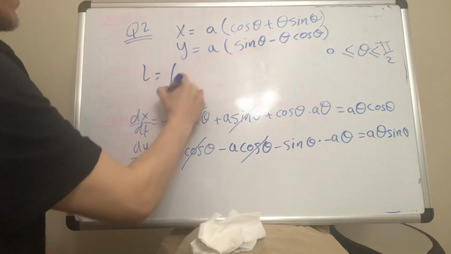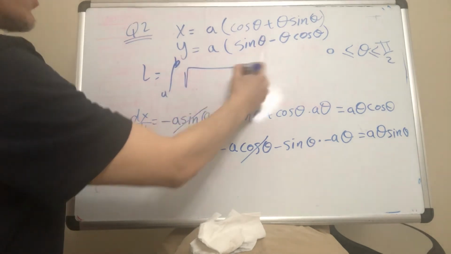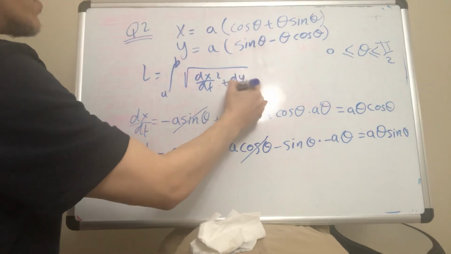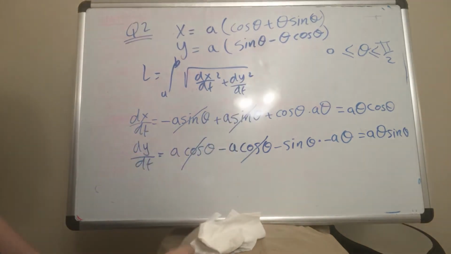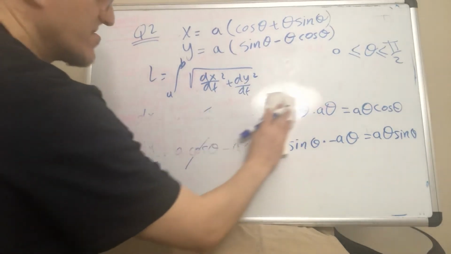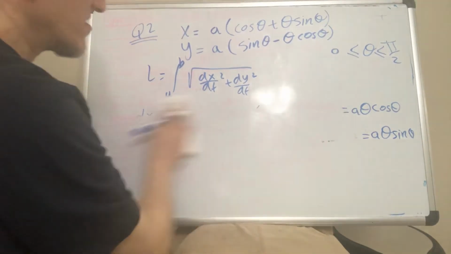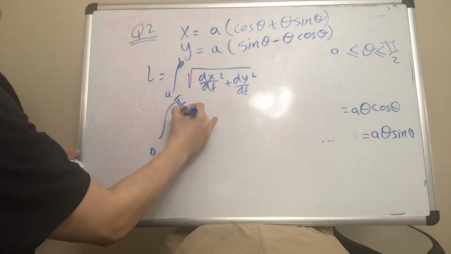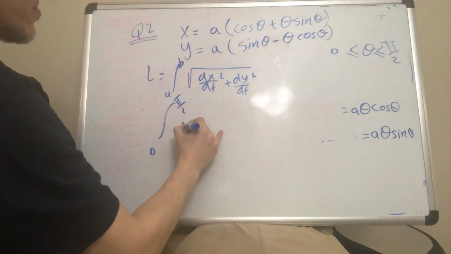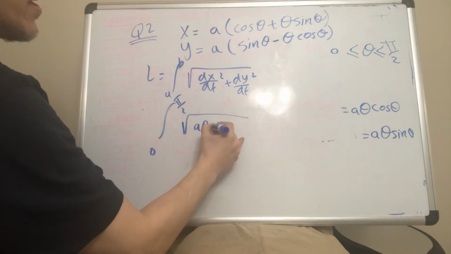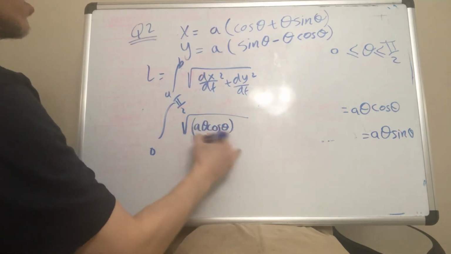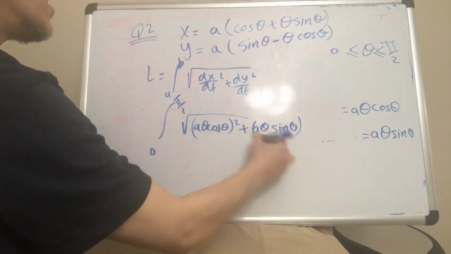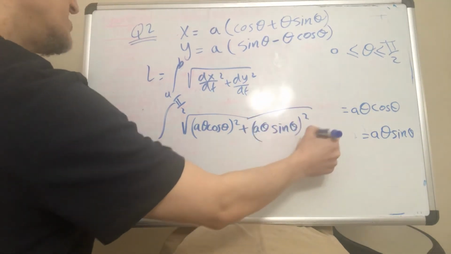Length of the curve, AB, square root, derivative squared plus derivative squared. They tell you it's 0 to pi over 2. You square this one, a theta cosine theta squared plus a theta sine theta squared d theta.